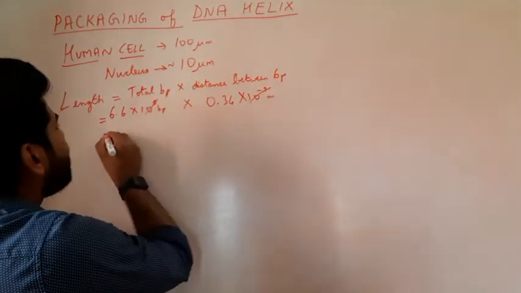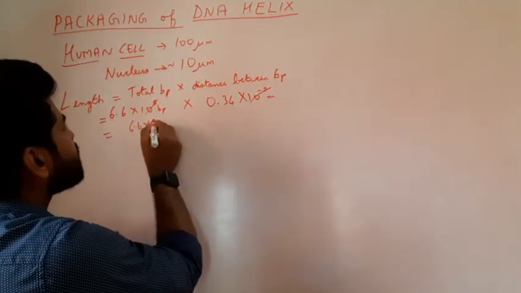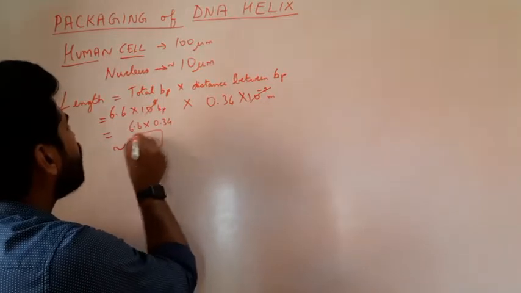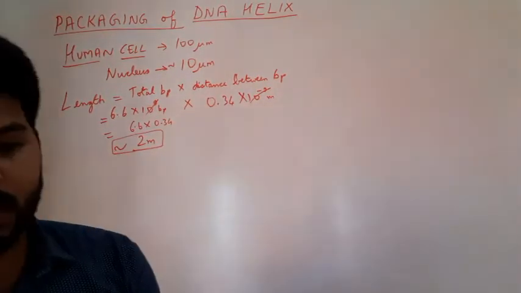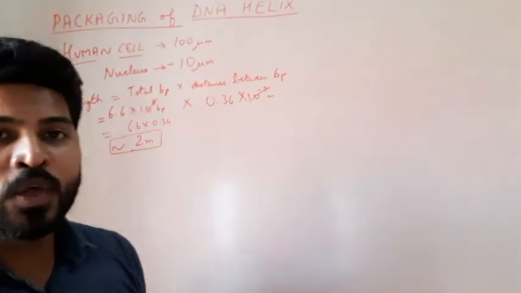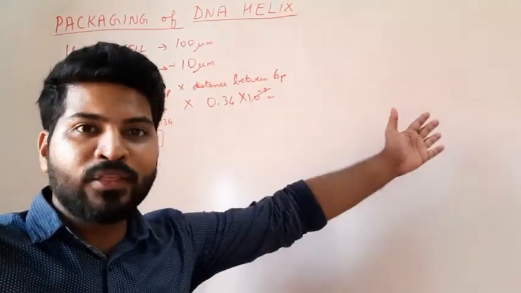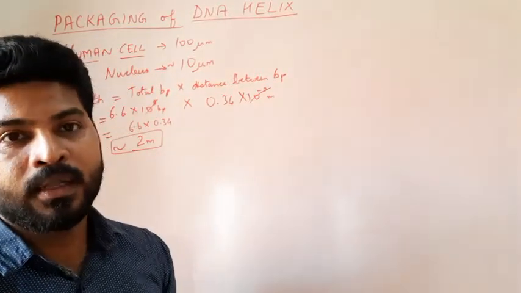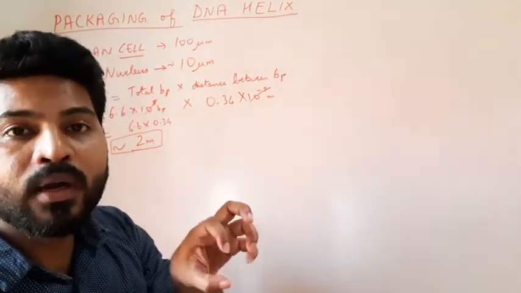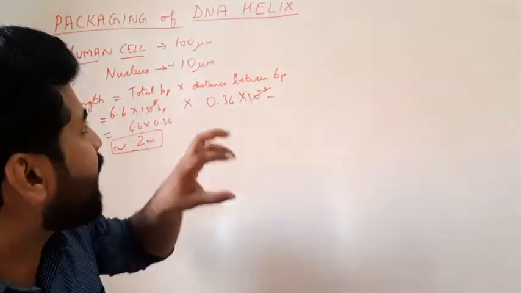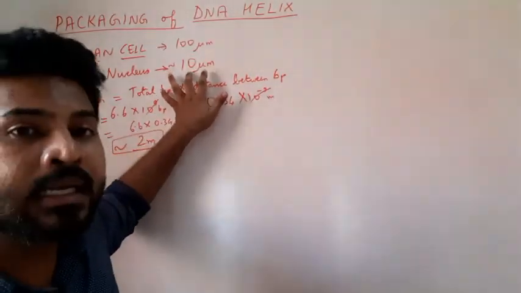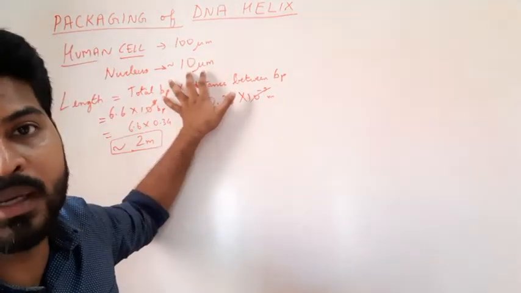That length, 6.6 into 0.34, is approximately 2 meters. So, you can imagine the length of the DNA is approximately 2 meters. This 2 meter long DNA molecule has to fit inside a nucleus that is 10 micrometer.